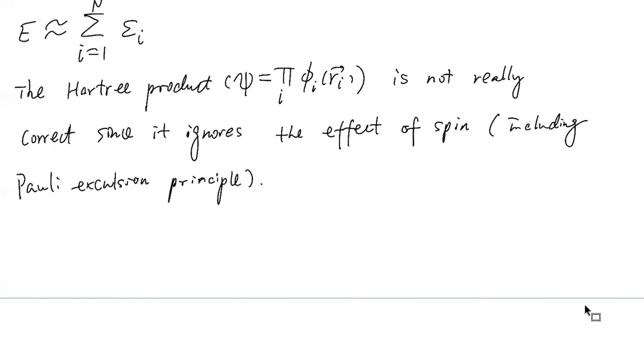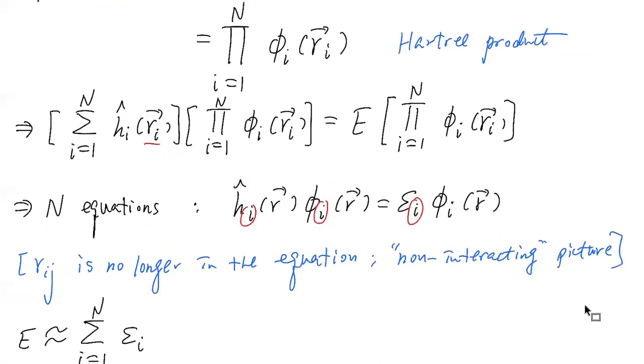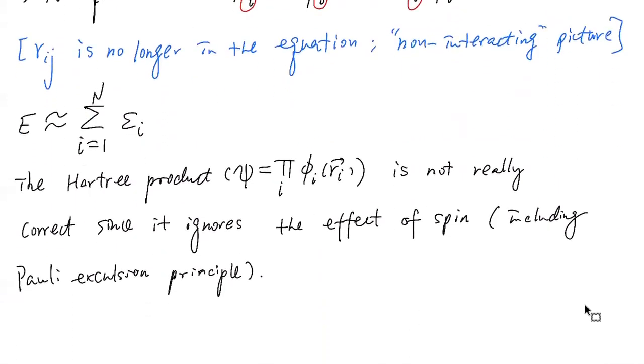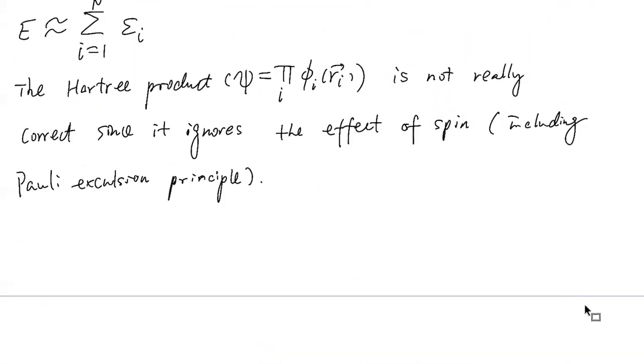All right. So in 1928, Hartree did this. After 2 years, some people realized that there is this deficiency in Hartree's treatment. So they further improved Hartree's treatment to get a really correct formalism.